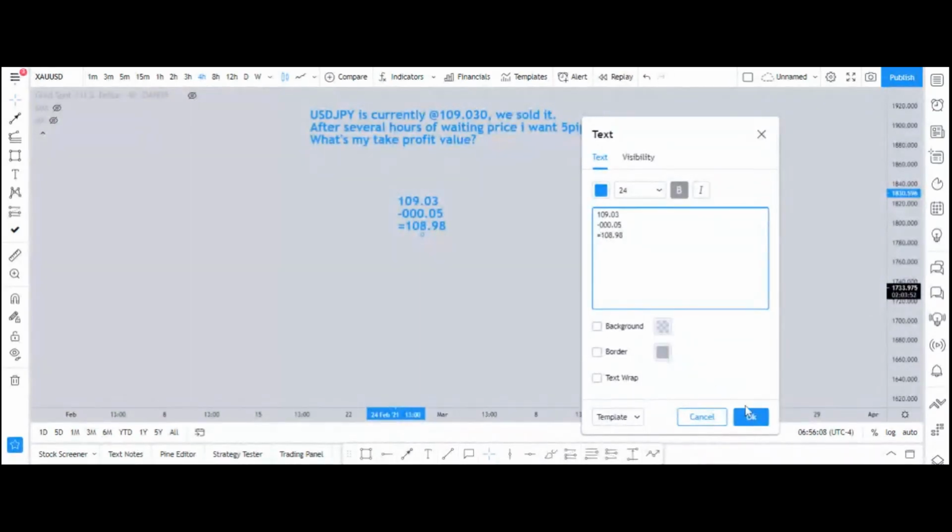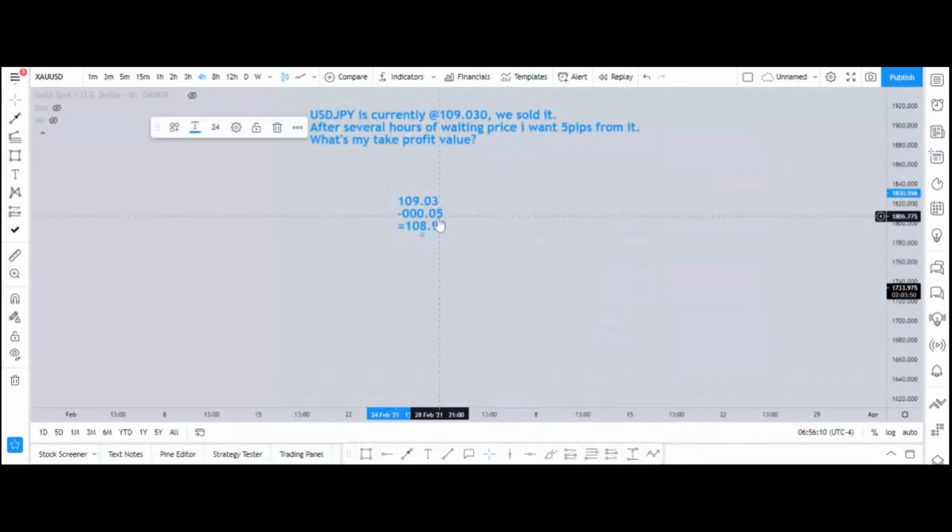Okay, so that's our take profit value. If we take our 5 pips, we go down by 5 pips. So we've taken 5 pips profit, and our take profit value is 108.98. Brilliant, very, very brilliant. Yes, Glory, you're correct also.